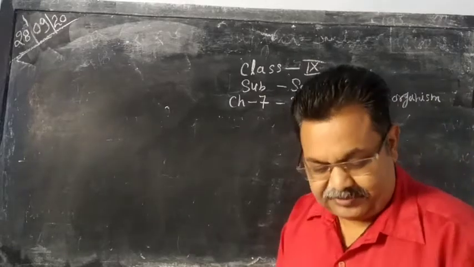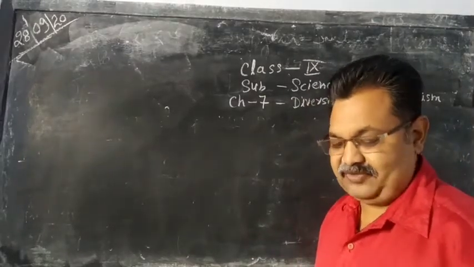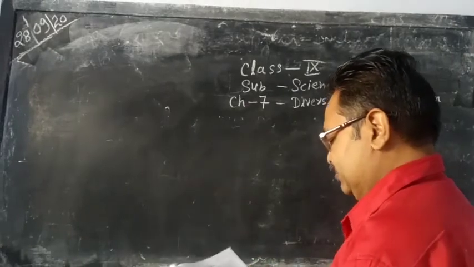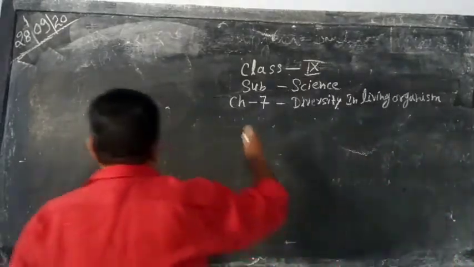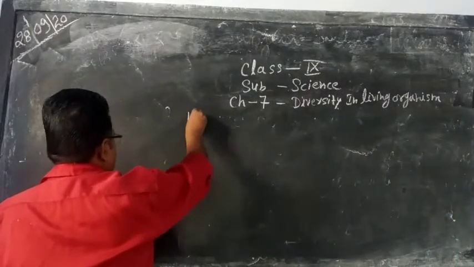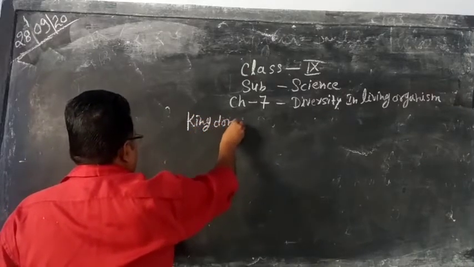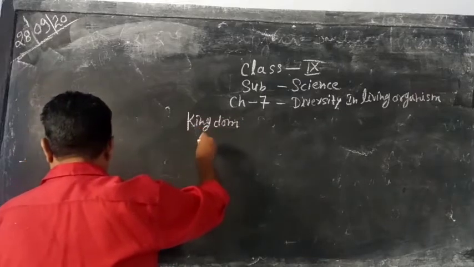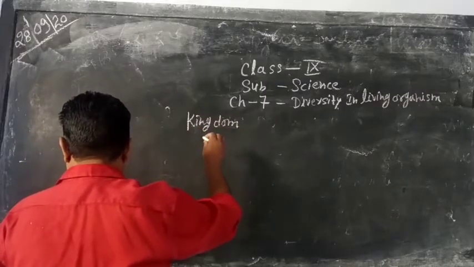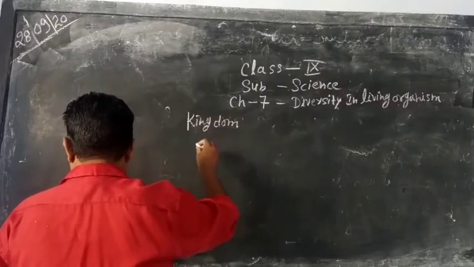You can see the order of classification of organisms in this manner. The first one is kingdom, and the last basis of classification is species.